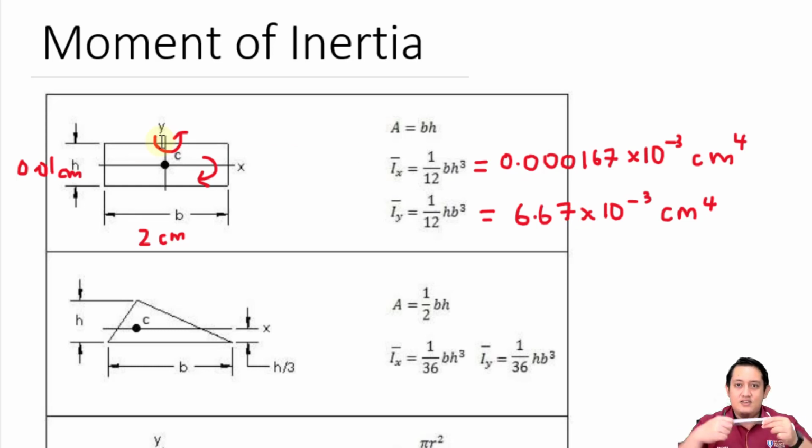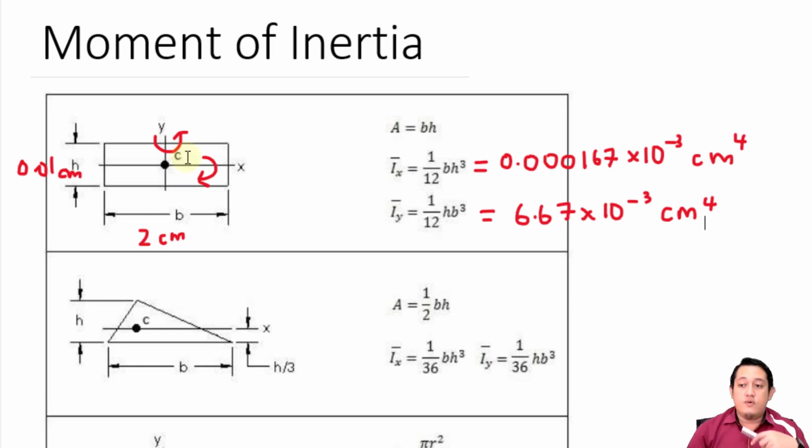Very difficult for us to rotate like this. However, it is very easy for us to rotate or bend it in the x direction like this. So the higher the value, the harder it is to bend or to rotate.